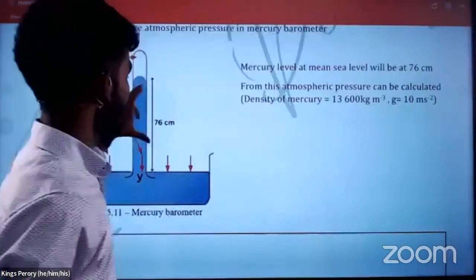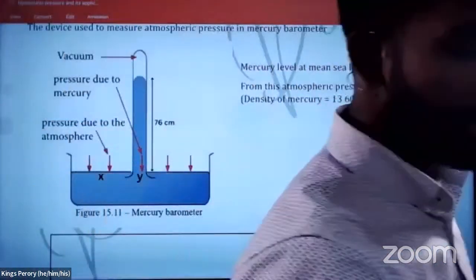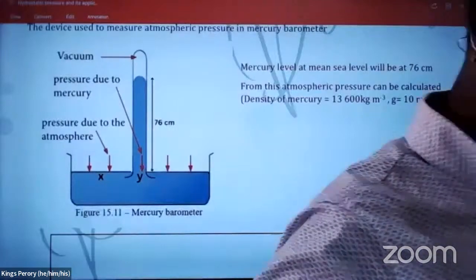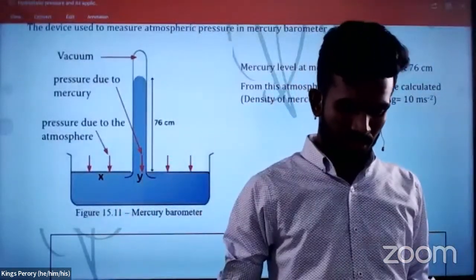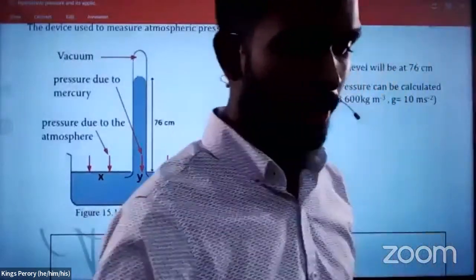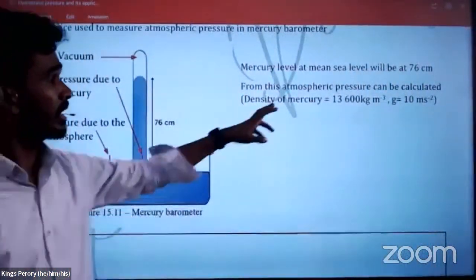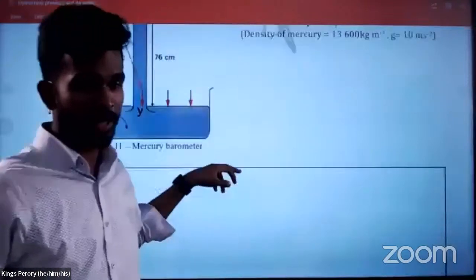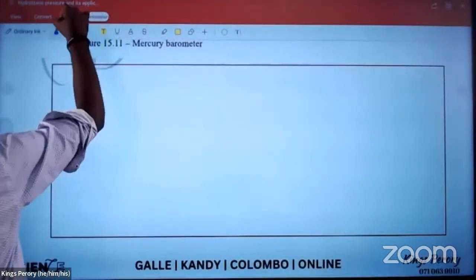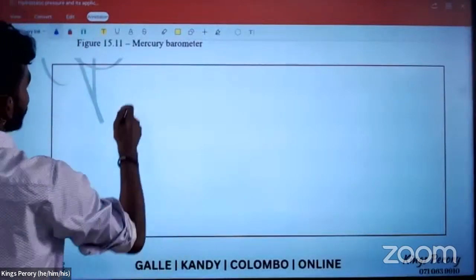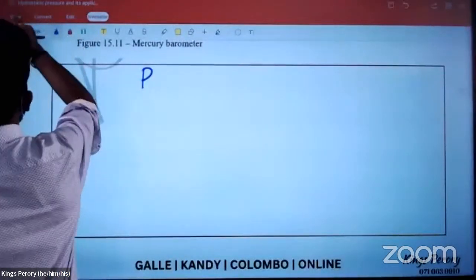How many centimeters do you get at mean sea level? 76 centimeters. Density is given, G is given. You apply H rho G. Can you remember the value we got? This part was done last week.